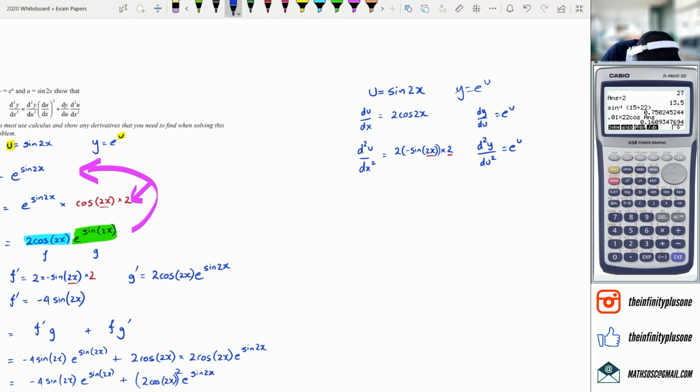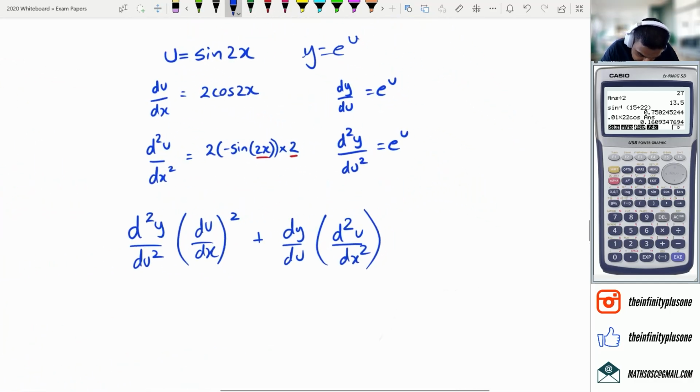So the right-hand side was d²y/du² times (du/dx)² plus dy/du times d²u/dx². Okay, so let's do this for the right-hand side.